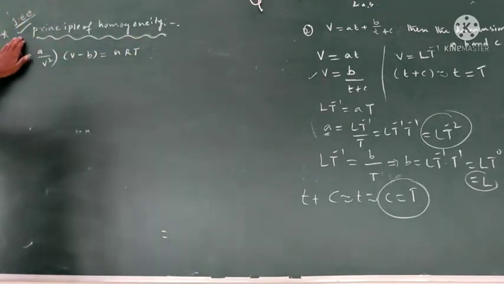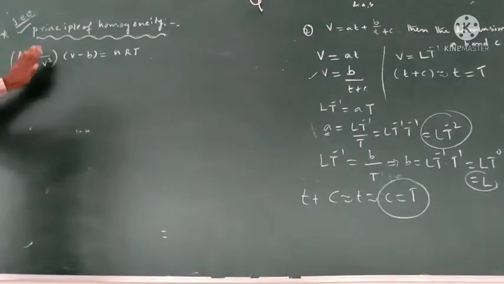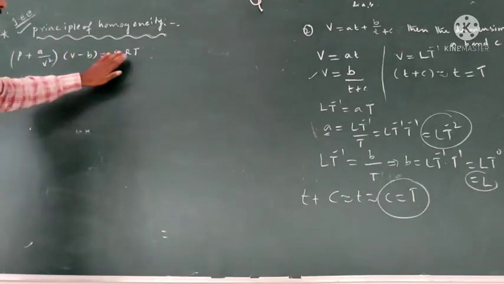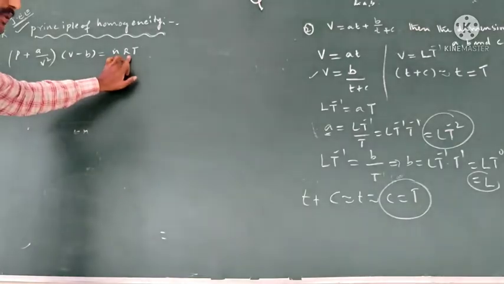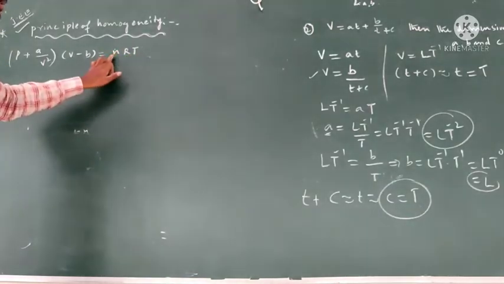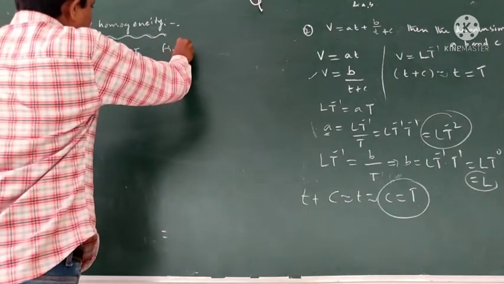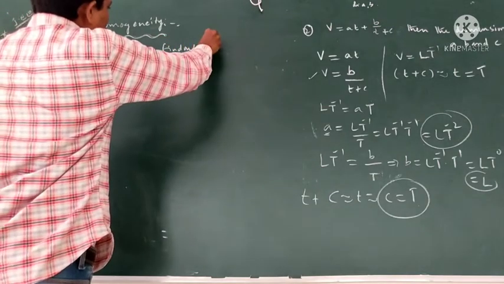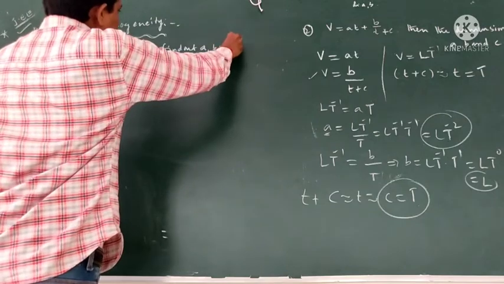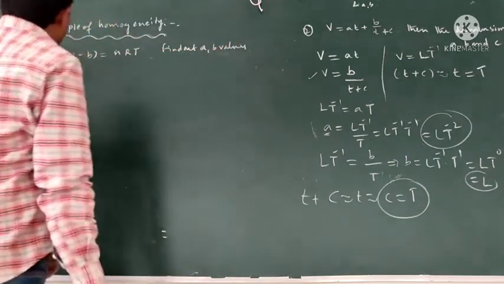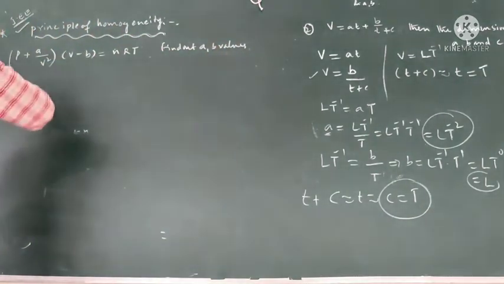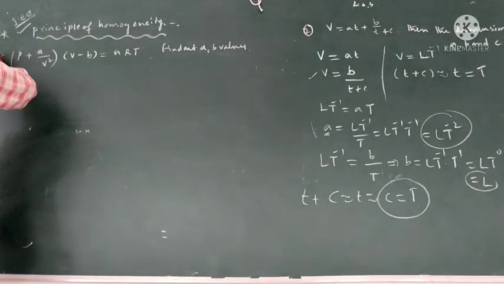In this equation, P is pressure, V is volume, R is the universal gas constant, T is the temperature, and n is called mole number. Find out a, b values by using the principle of homogeneity. So this is the third one.